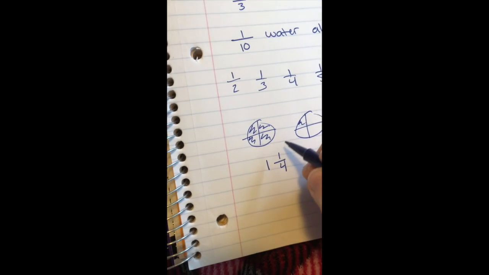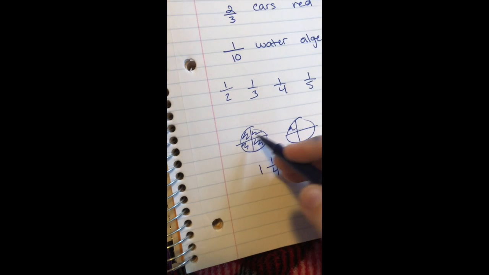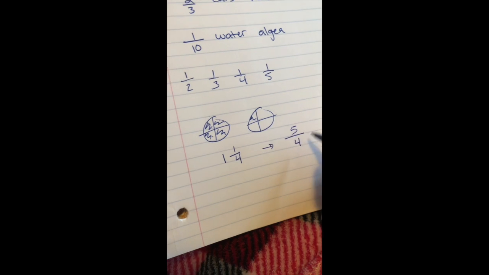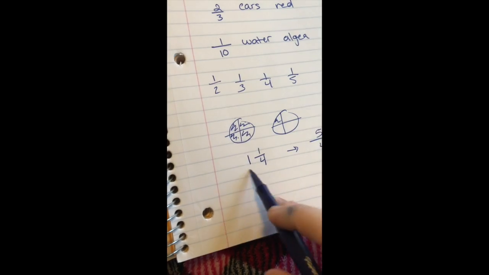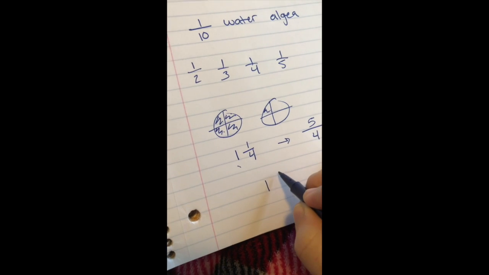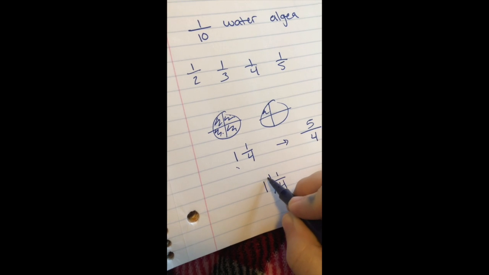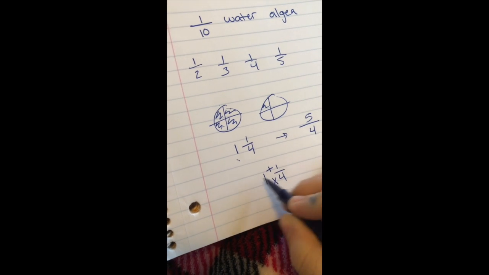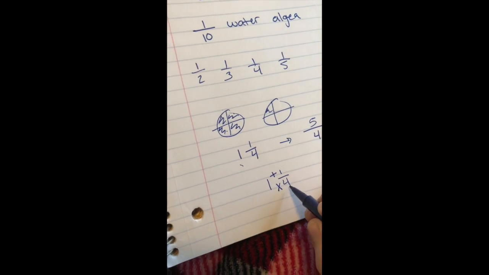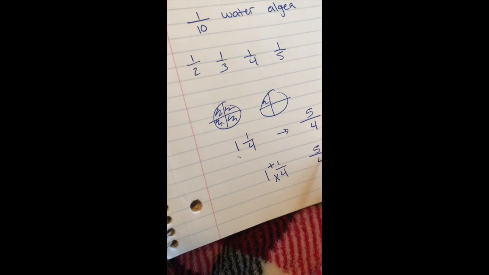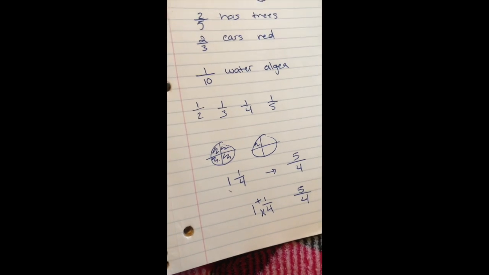Or we can talk about improper fractions, where I had 5 pieces of pizza out of the 4 slices per pizza, and this translates to each other by doing a little property where we multiply the base and add the top. We multiply the denominator and add the numerator. So 1 times 4 is 4, plus 1 is 5, and we keep our denominator the same.